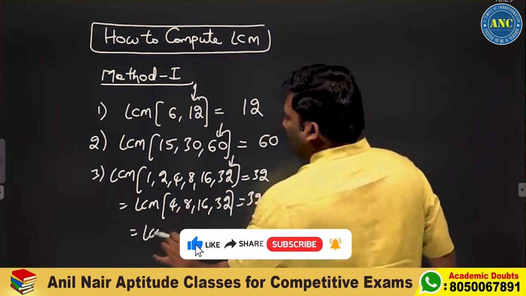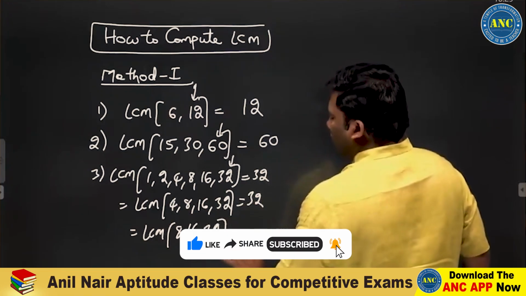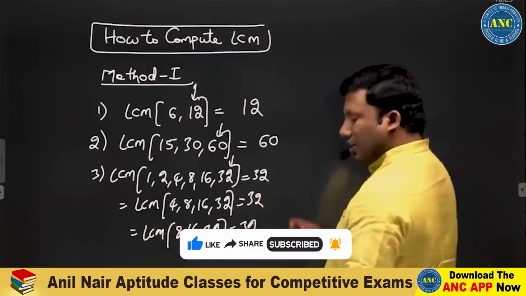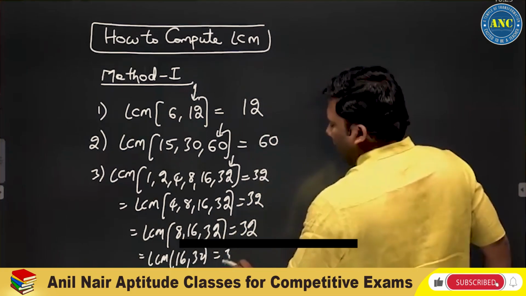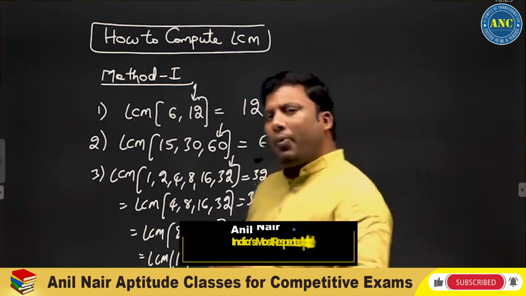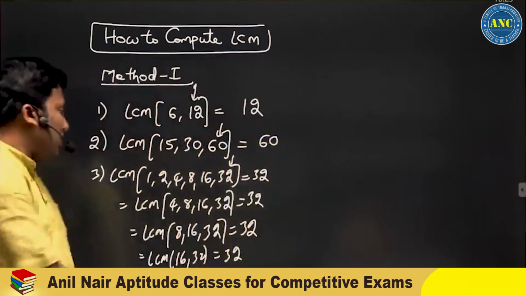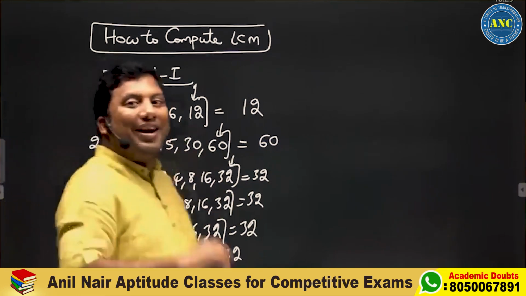It is also equivalent to the LCM of 8, 16, 32, where 32 is the largest number. It is equivalent to the LCM of 16, 32, which is again 32. Now this third point proves that just because the numbers are more, we will not get a larger LCM.